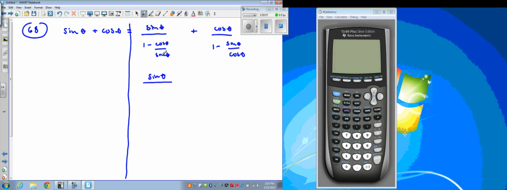Now, can I just write this as sine minus cosine over sine? If I do this, this is what I'm going to do. So I get a common denominator. Then I got sine minus cosine over sine.